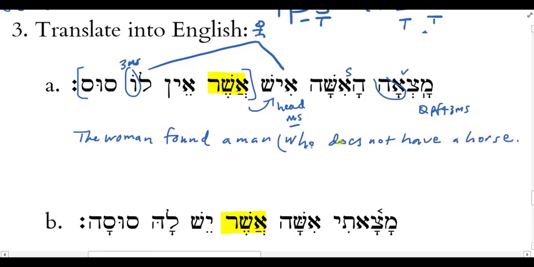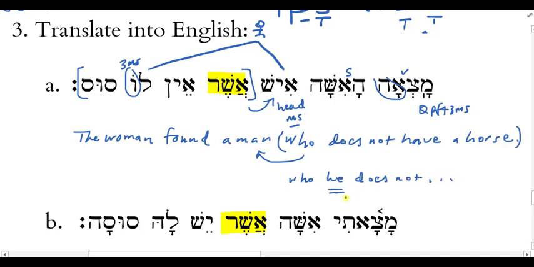Okay? So "who does not have a horse" is my relative clause, and it's modifying who? A man. Okay? So the woman found a man who does not have a horse. Literally, it's the woman found a man who he does not have a horse.